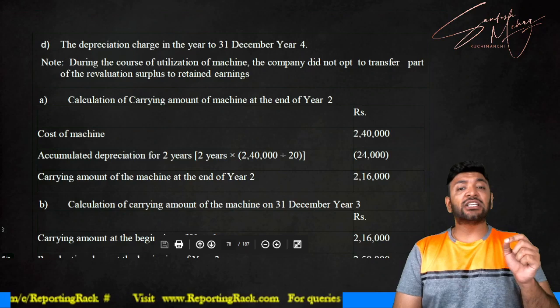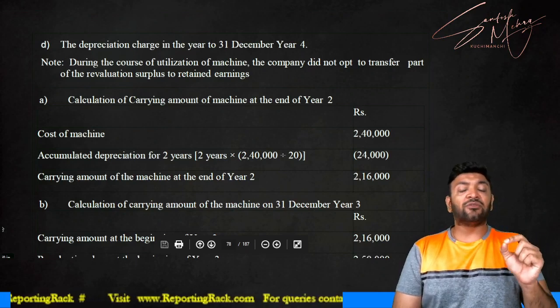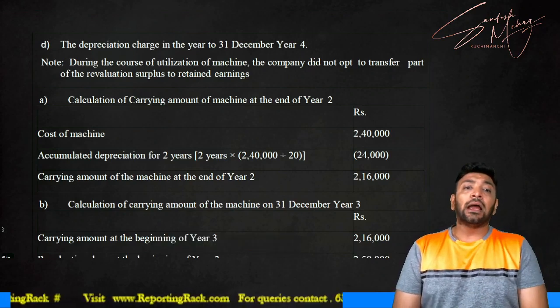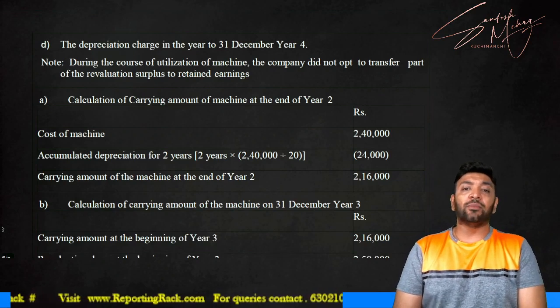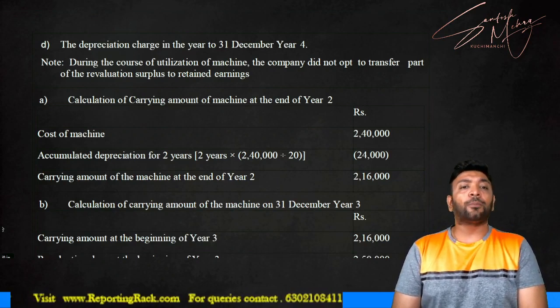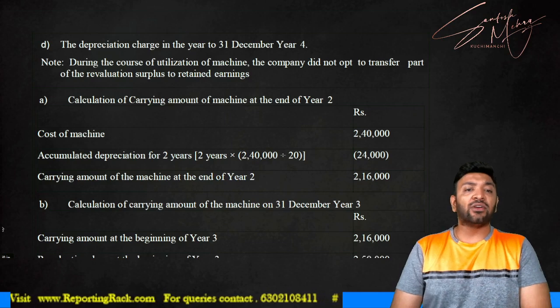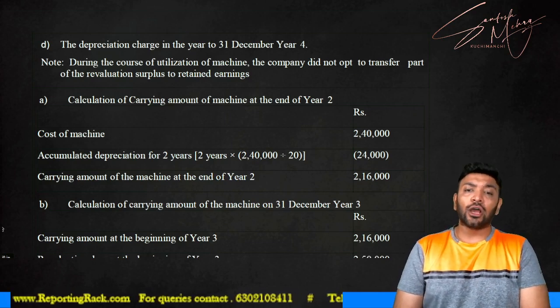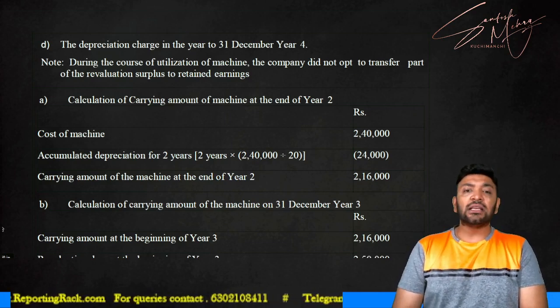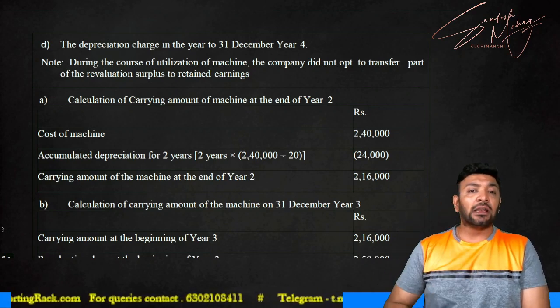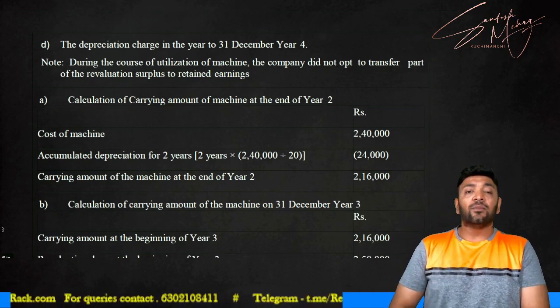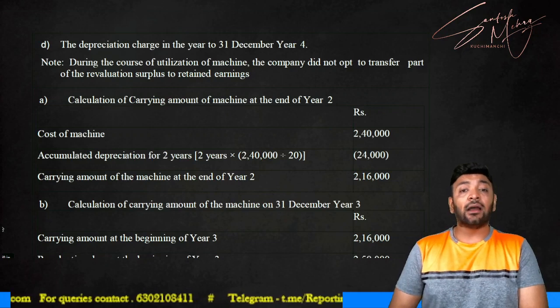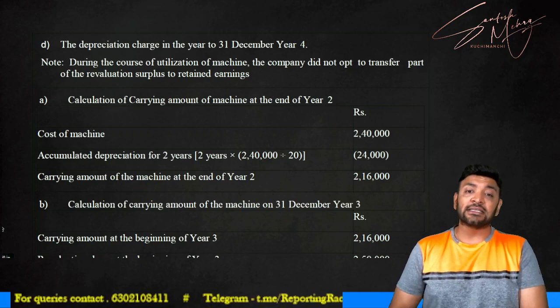What is the depreciation charge in the year on 31st December of year 4? During the course of utilization of the machine, the company did not opt to transfer a part of the revaluation surplus to retained earnings. This concept we have seen under depreciation in Ind AS 16.